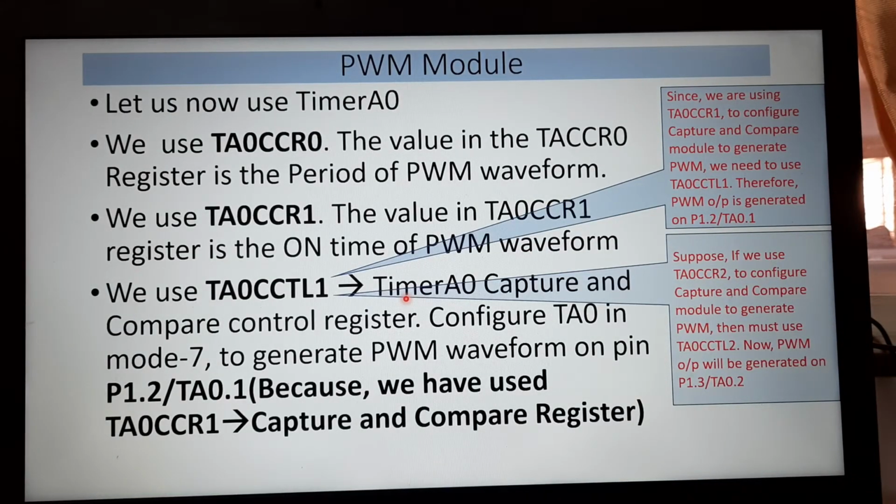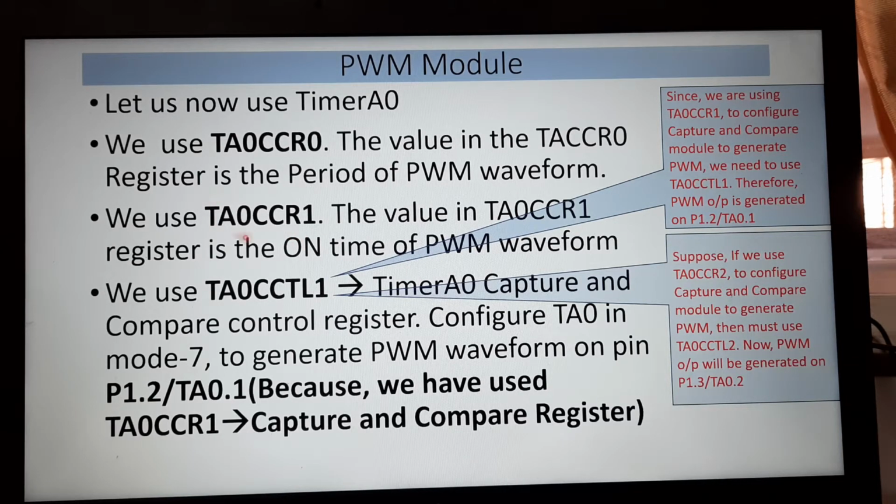Already I told you these are the registers I am going to use. I am going to use TA0, the CCR0 register. To this register I am loading a value that will define the period of the pulse width waveform. I am going to use the TACCR1 register.